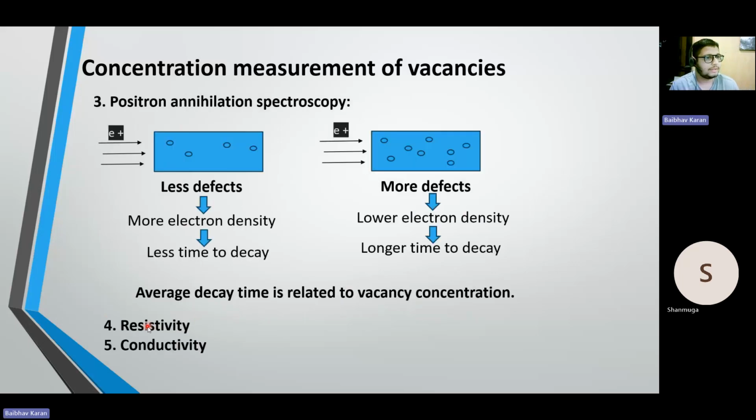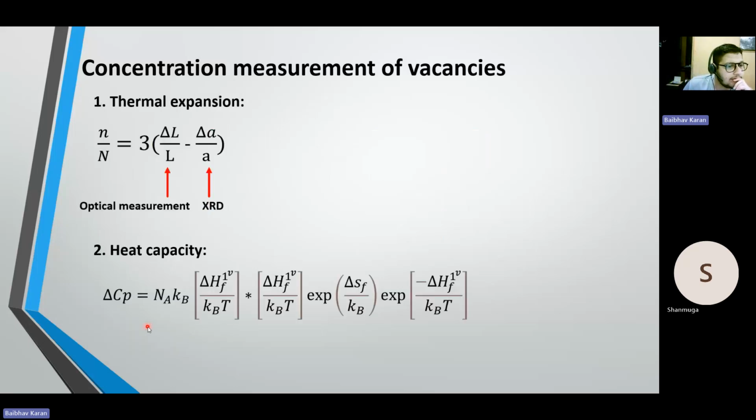Then comes another method that is called positron annihilation spectroscopy. This is a very good technique to analyze the fraction of vacancies at a very low concentration. If the vacancies are present at a very low concentration, the above mentioned methods, such as thermal expansion and heat capacity, may escape this.